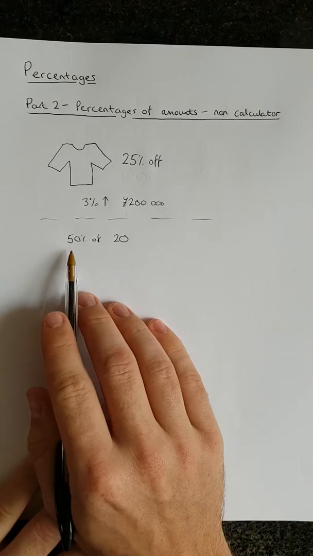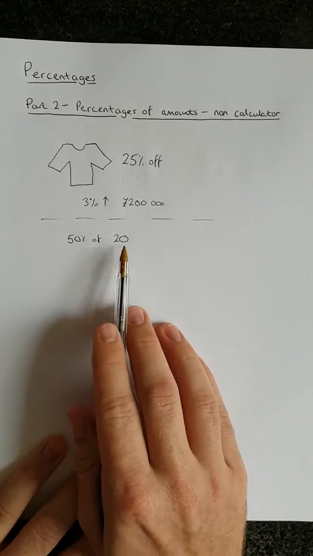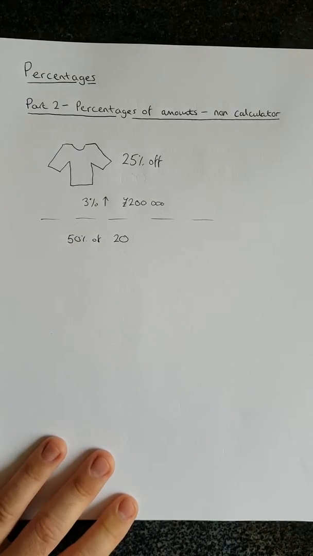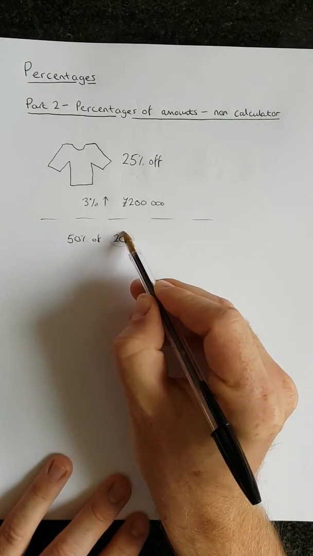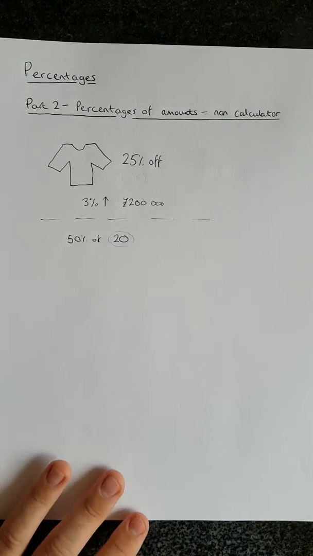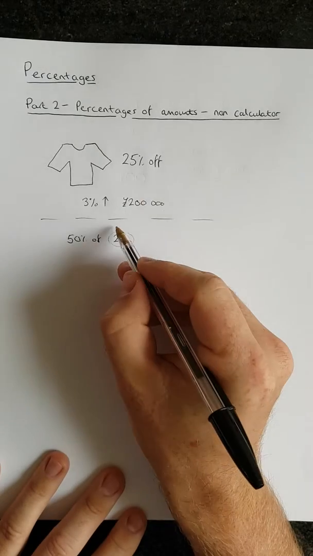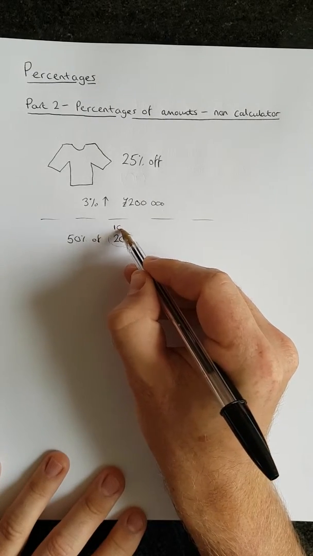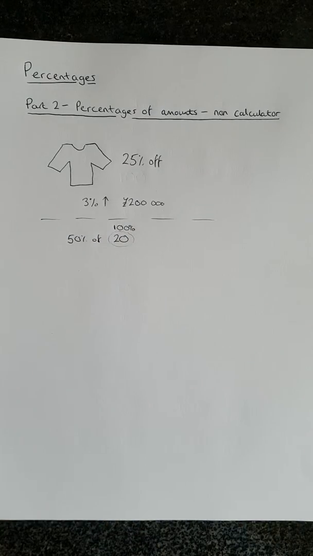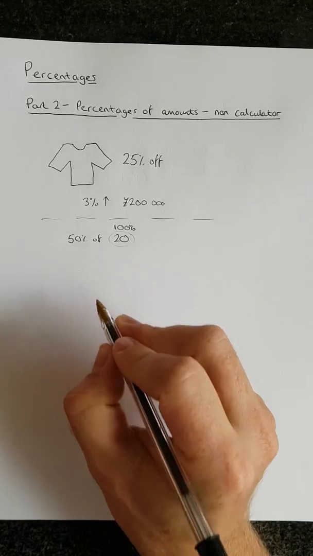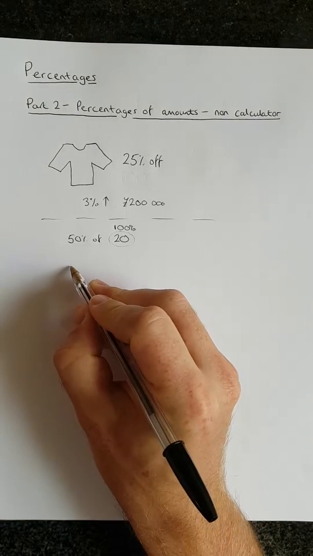Now, this is trying to find 50% of something, okay? Something that is the original amount, which means that that is 100% of the value. And the figure given to you at the beginning, therefore, will always be 100% of the value.